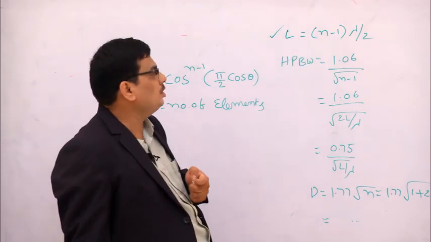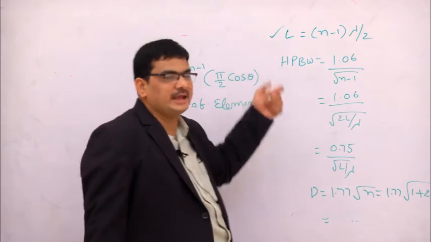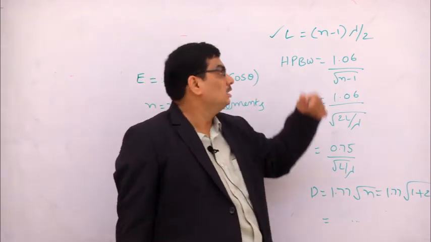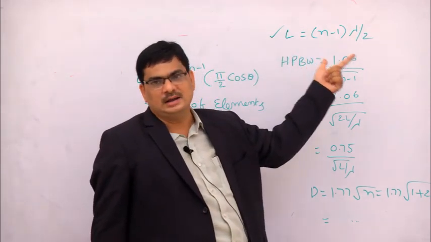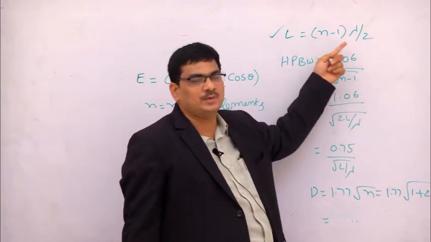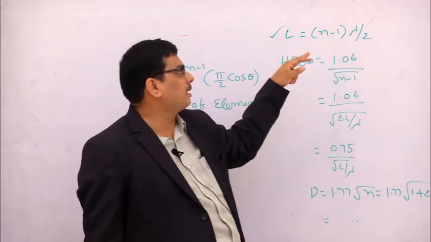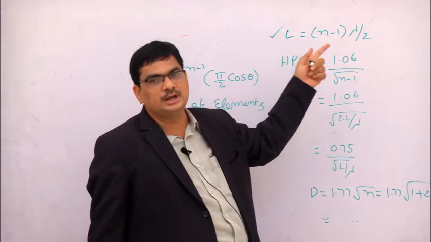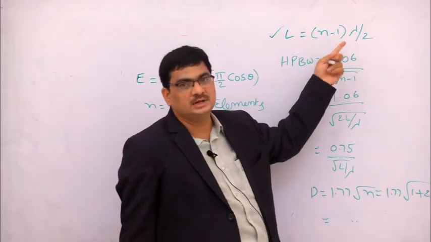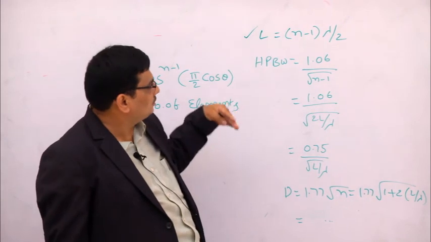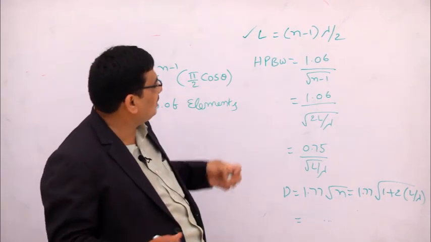Suppose n is equal to 2, then the length of the array is lambda by 2, since 2 minus 1 is 1, into lambda by 2. For n is equal to 3, that is 2 into lambda by 2, that is lambda. Like that it will keep increasing as per the length of the array.